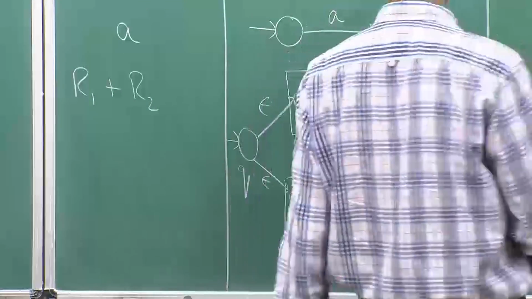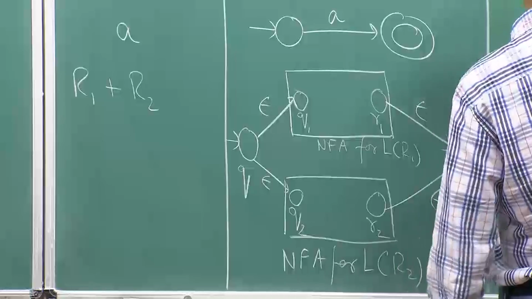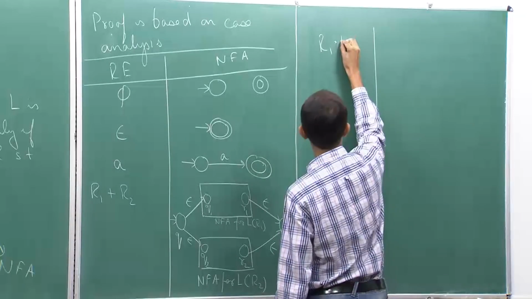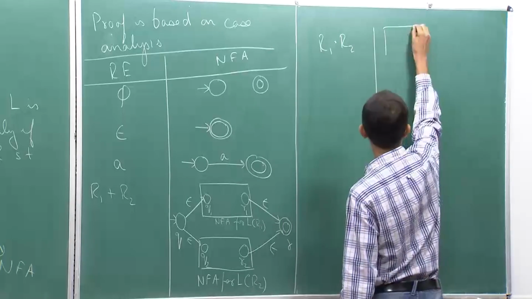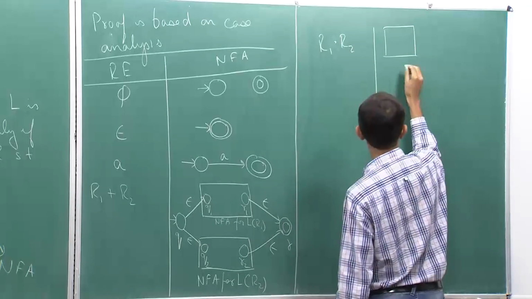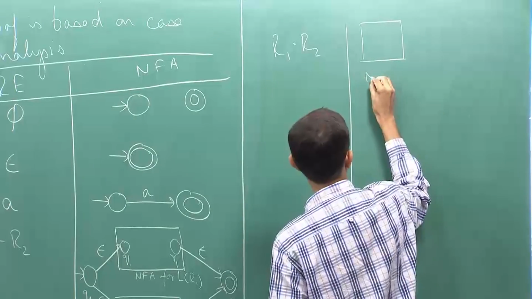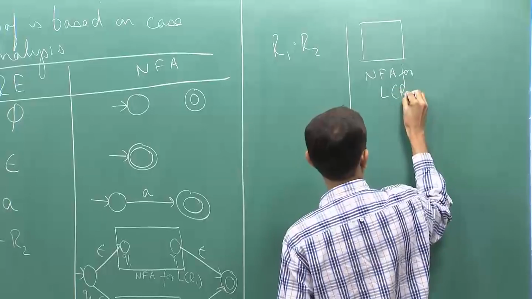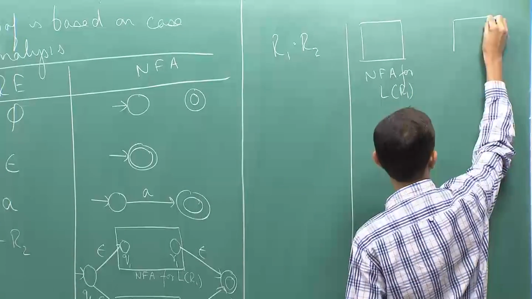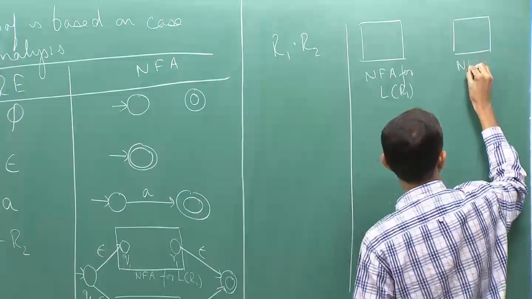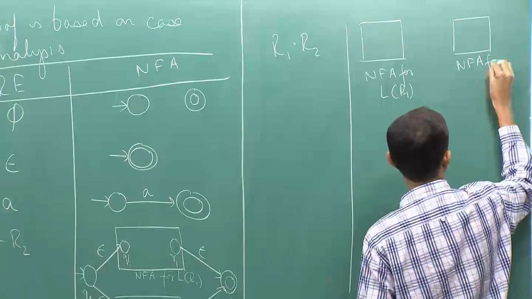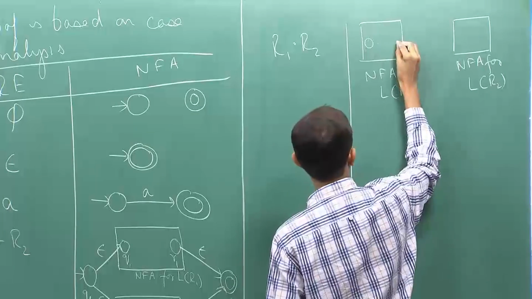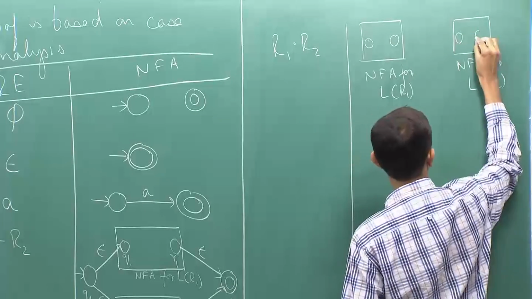Now, you can very well guess what would be the NFA for R1 concatenated with R2. So, we have, let us say, an NFA for L of R1 and we have an NFA for L of R2. These are the start and accept states.